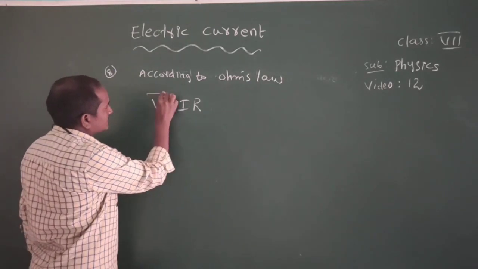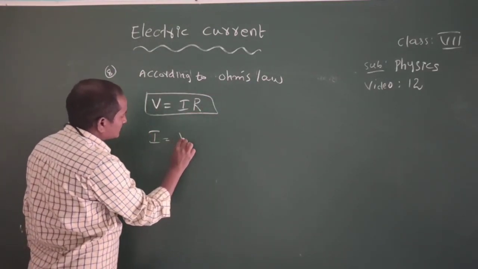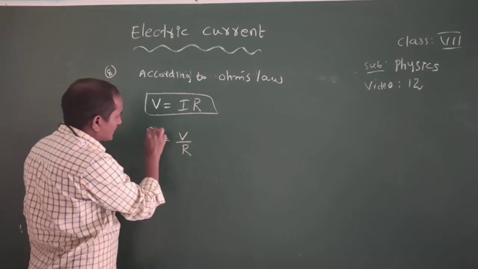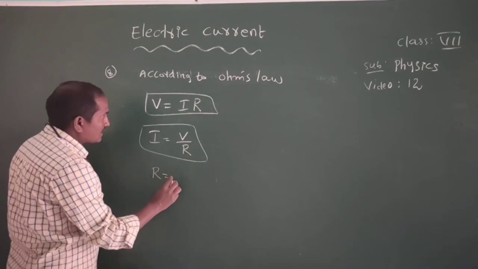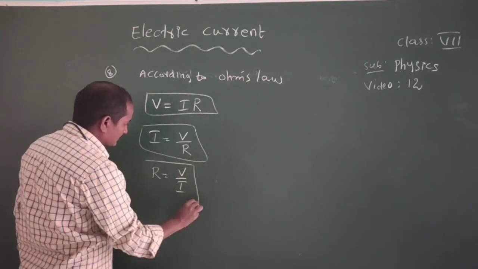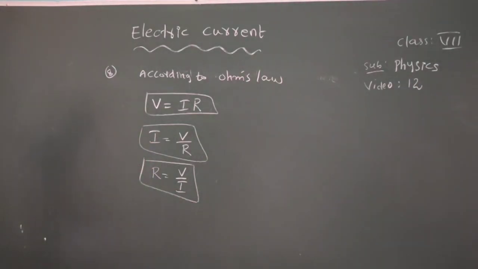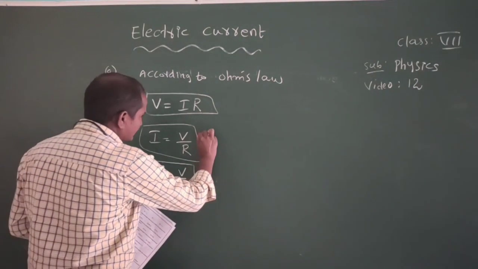From this we can write I equal to V by R. At the same time, R equal to V by I. So what is the answer here? I equal to V by R is the answer.